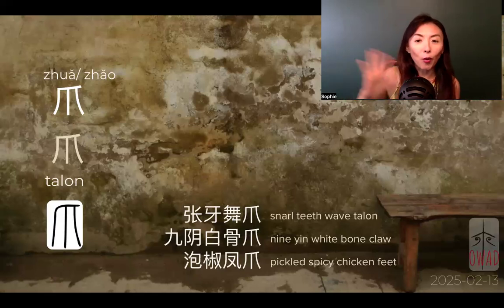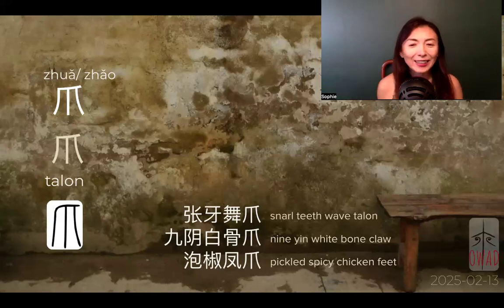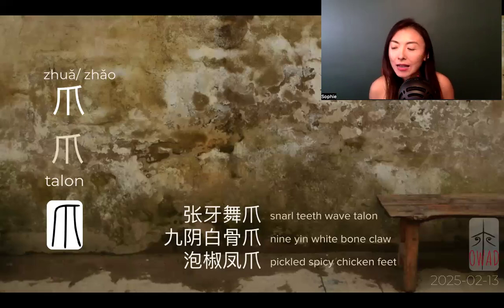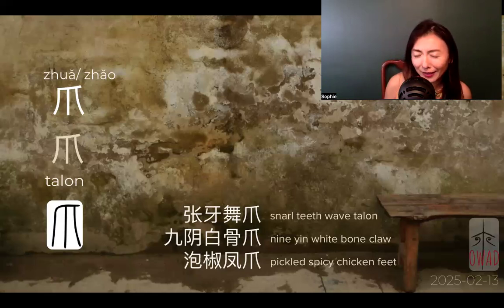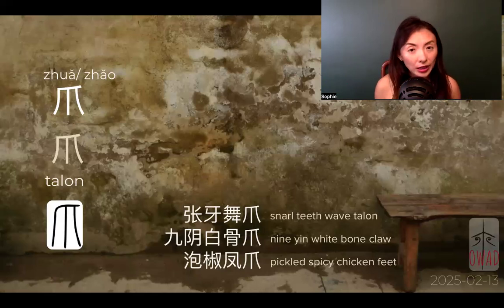And so when you are waving your talon as if to show your weapon here, right? So this 张牙舞爪, you can almost imagine I guess a dragon figure because the dragon has a talon as well, and dragon probably has teeth as well. So both teeth and talon, they are the aggressor or the predator's attacking weapon body parts.